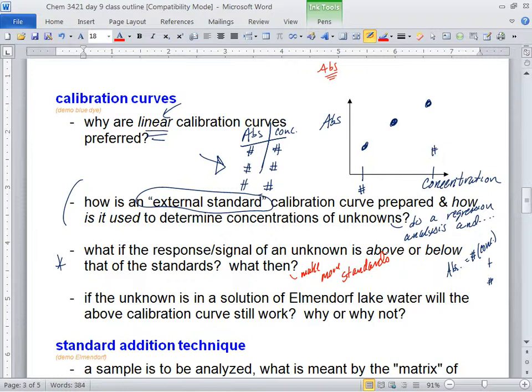If the unknown is in a solution of Elmendorf lake water, will the calibration curve still work? So first, picture my calibration curve here. This is, I don't know, some really carcinogenic material that's just horrible. Just pretend, horrible, horrible stuff. And here's an unknown that you pulled from the shelf, and I read online that you can dump this stuff down the drain if it's below a certain concentration.